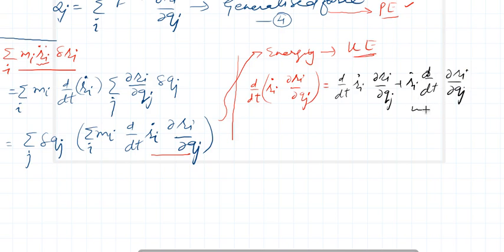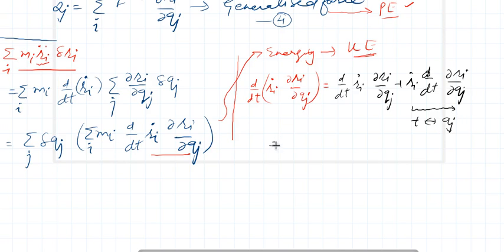And I will use a little mathematical trick: I will interchange d/dt with the derivative with respect to qj. It's a mathematical trick to make our life simple. So how can things be written?